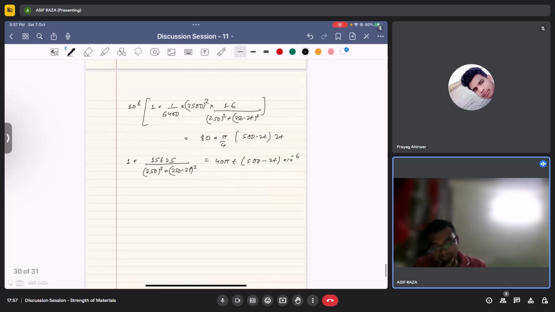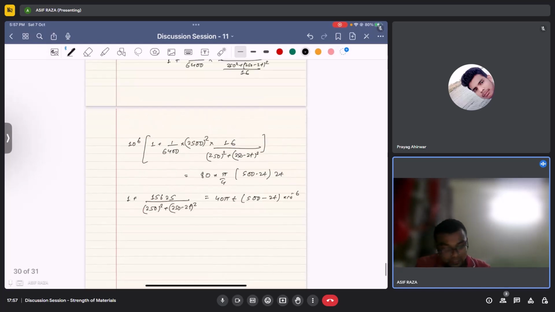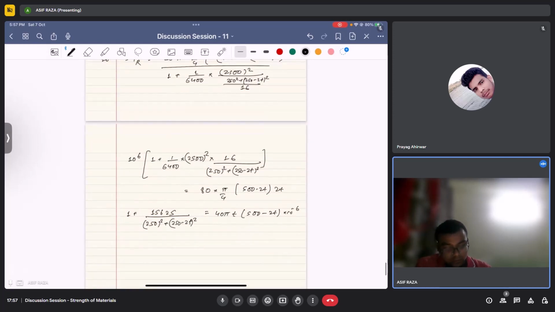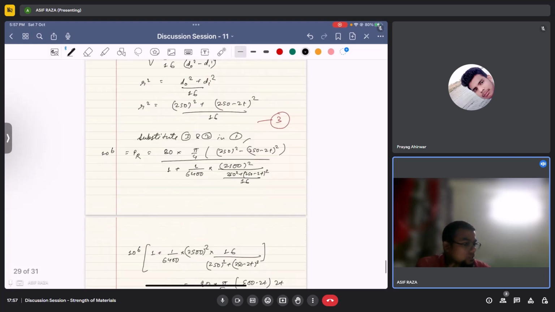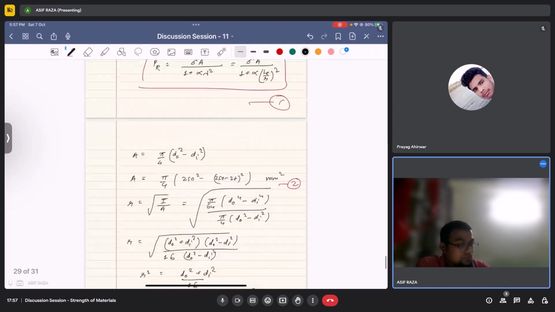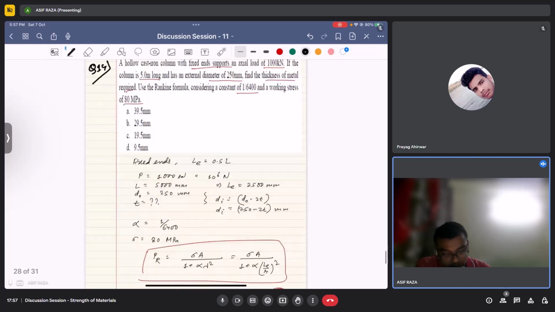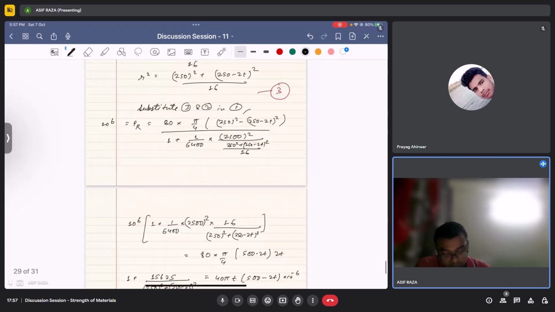Okay, it seems like the calculation is taking a bit cumbersome. So what I'll do now is use the substitution of the values from the options and check which one of these will satisfy.